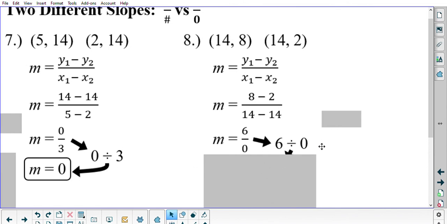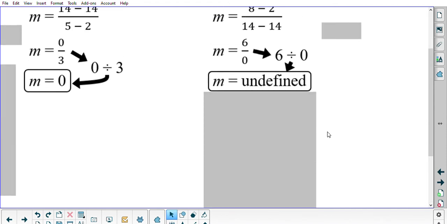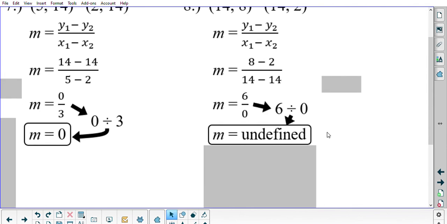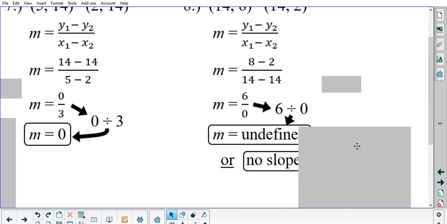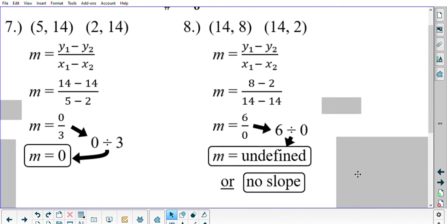Since 6 divided by 0 is impossible to mathematically do, giving you an error message in your calculator, the official answer for this mathematically is that there is no answer. It's undefined. Another way of saying this is that the slope, there actually is no slope. That's not the same as 0 slope.